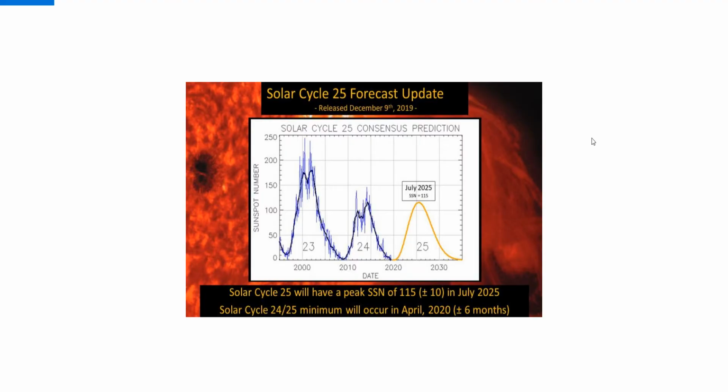So this is the forecast for solar cycle 25, which we saw a little data about before, if I'm not wrong, but okay, let's go. We will have a peak of sunspot numbers around 115, plus or minus 10, in July 2025. The solar cycle 24-25 minimum will occur in April, which is a fact.